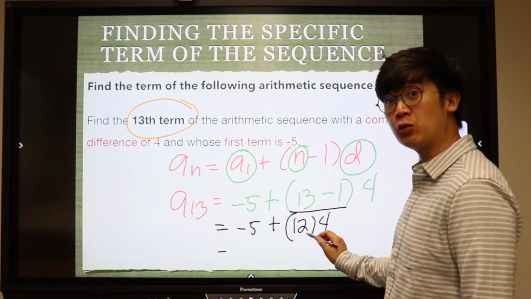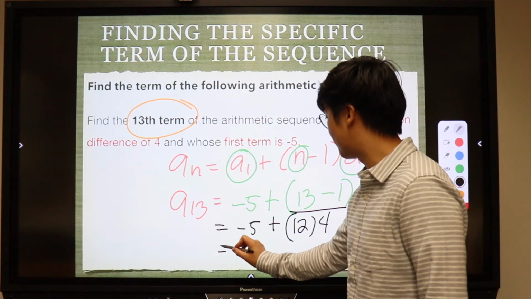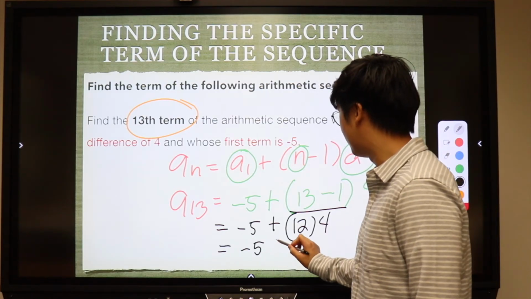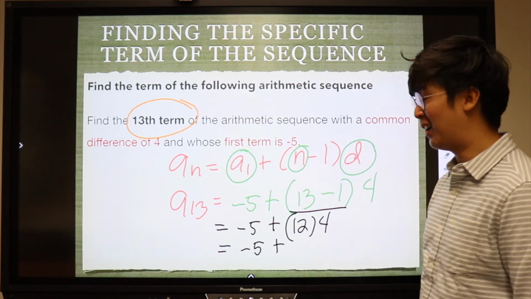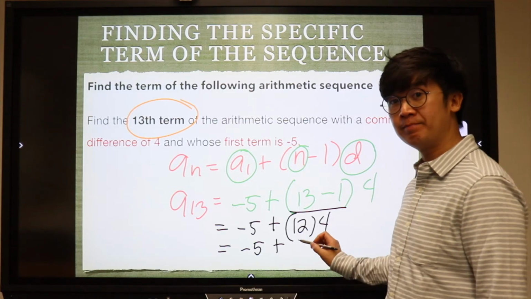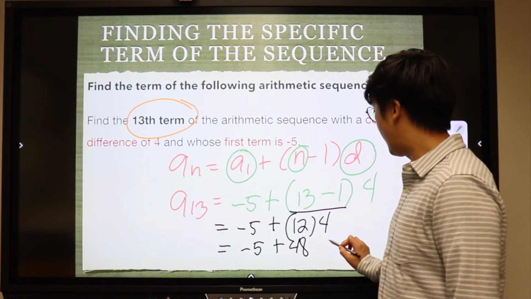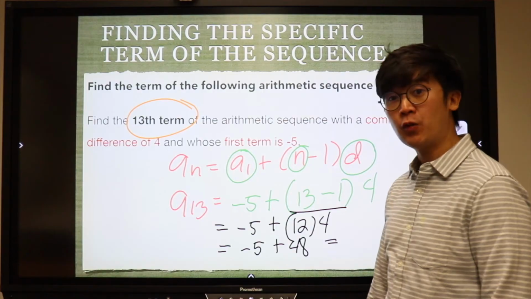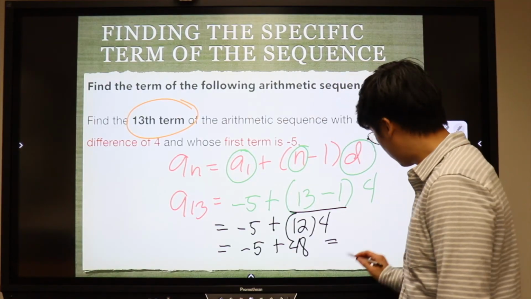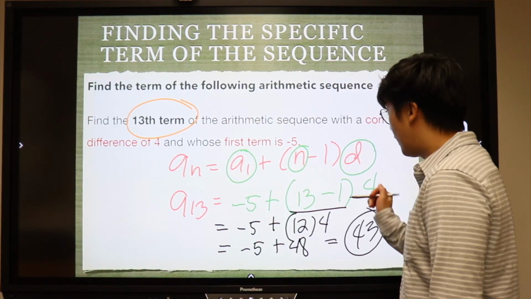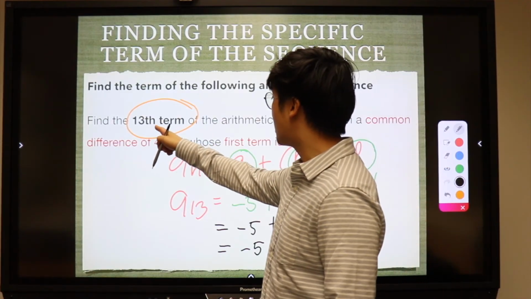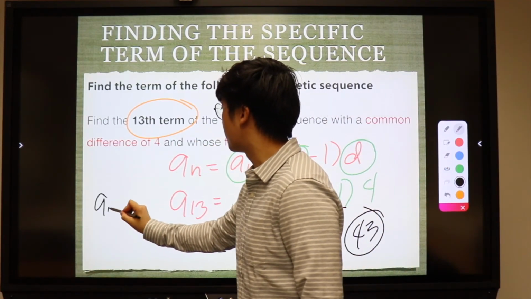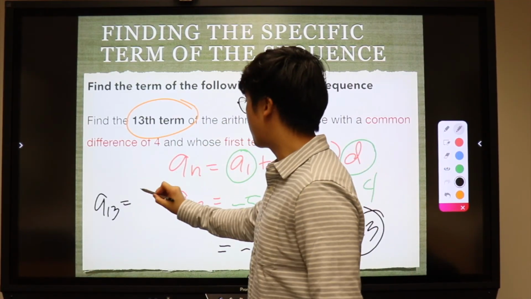You need to multiply 12 and 4 first, right? Yes. What did you do? I forgot to put the negative. What is 12 times 4? 48. And now you have negative 5 plus 48. So negative 5 plus 48? 43. So the 13th term of the sequence is 43.